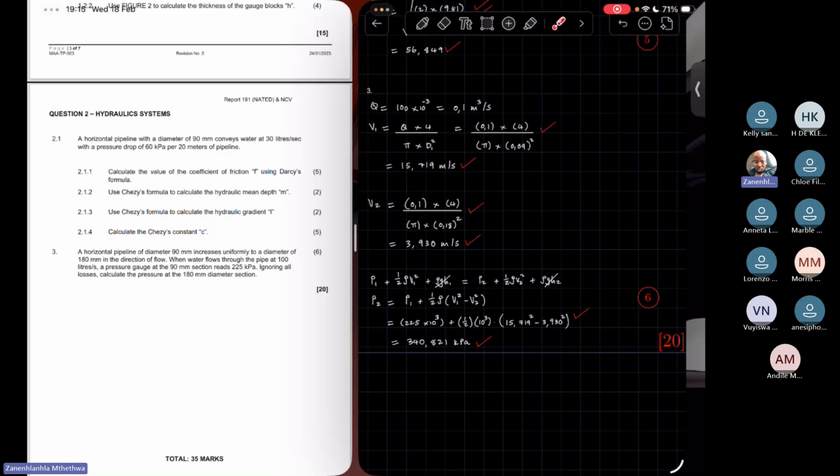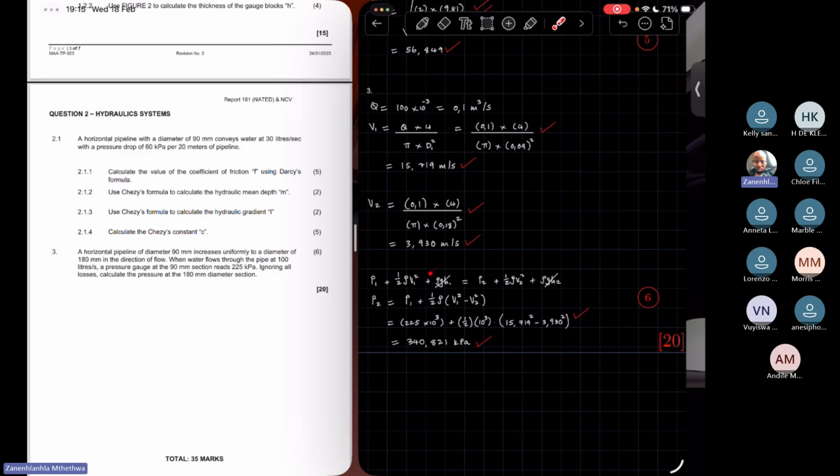So we look at the inlet first. P1 plus kinetic energy plus potential energy is equal to the outlet, P2 plus EK2 plus EP2. And as we've established, seeing that this pipe is horizontal, the potential energies cancel each other out. Then I simply made P2 the subject of the formula.